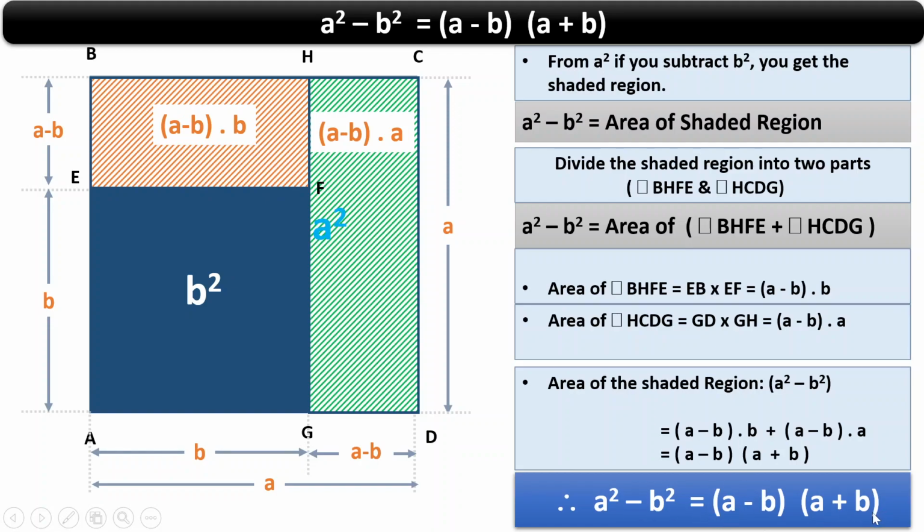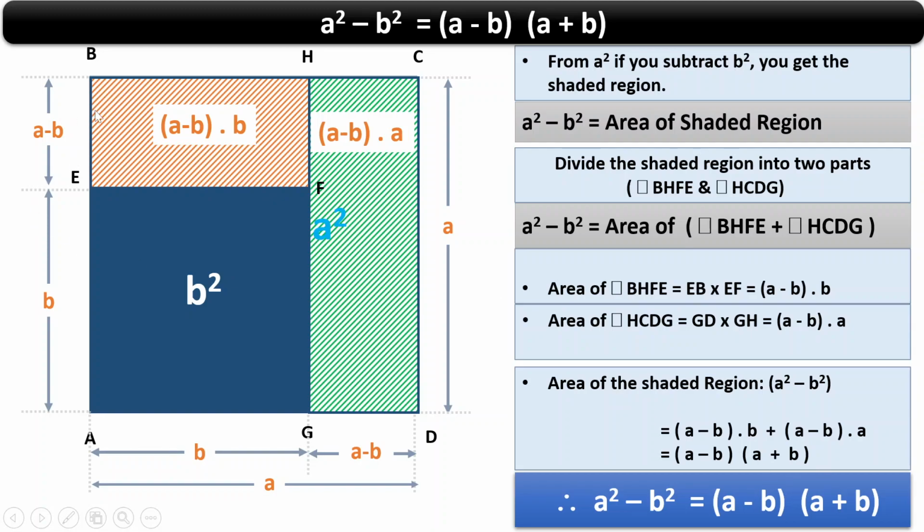Okay, if you see in this diagram, the entire square is A square. If you subtract B square, the remaining portion will be A minus B into B plus A minus B into A, which is equal to A minus B into A plus B. Okay, very simple, children.